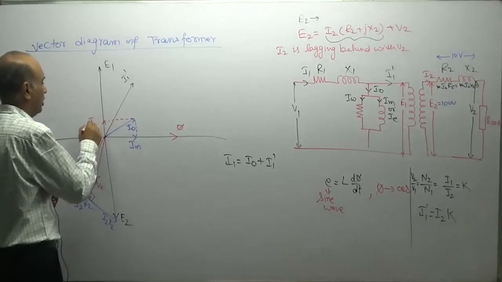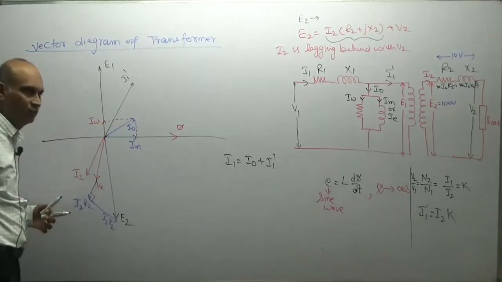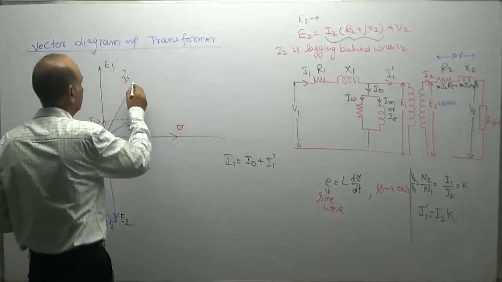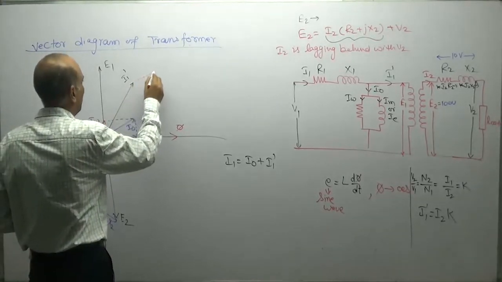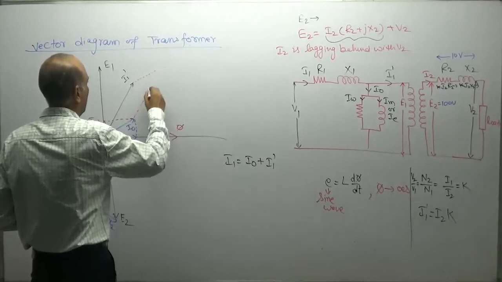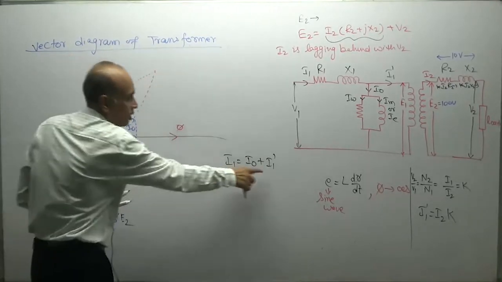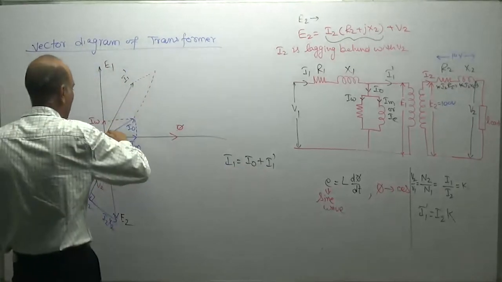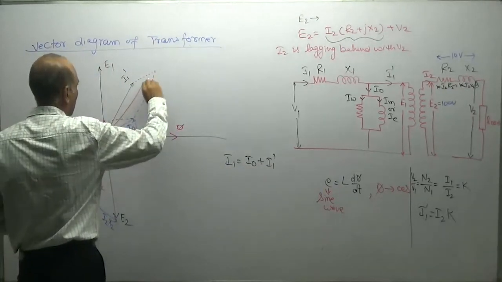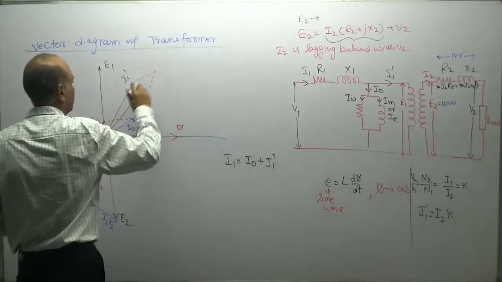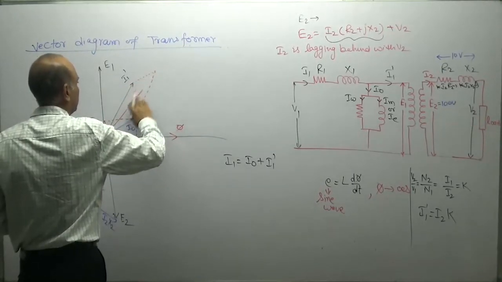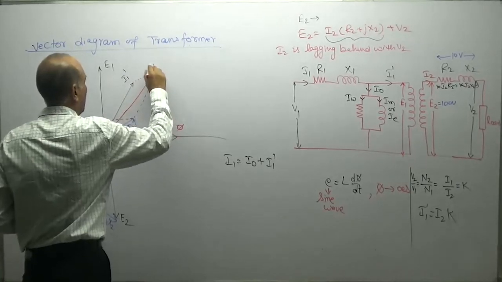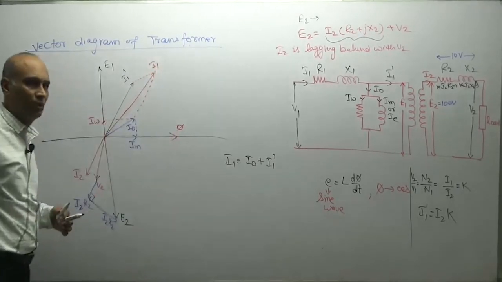It is the watt component, and the sum of I1 dash plus I0 is finally I1. Okay.